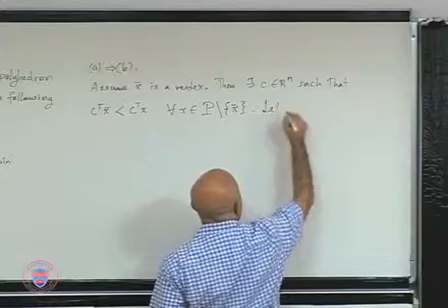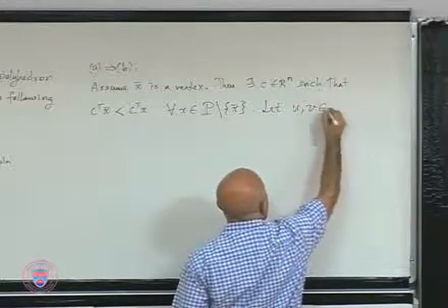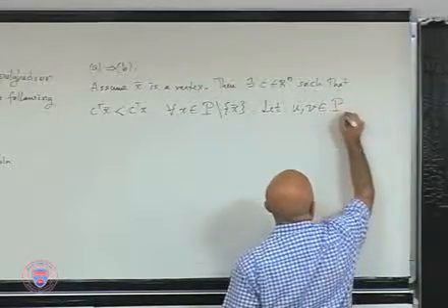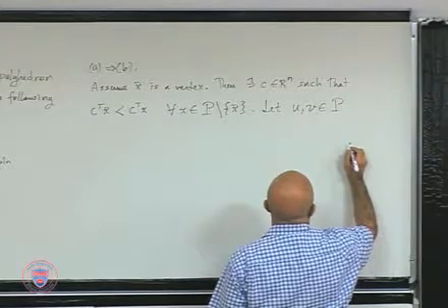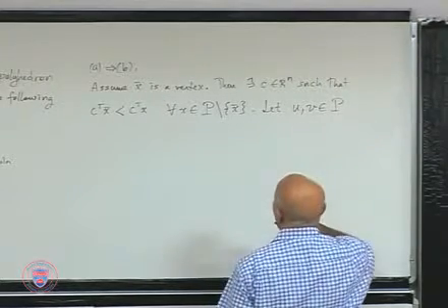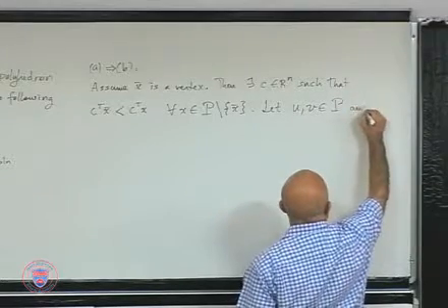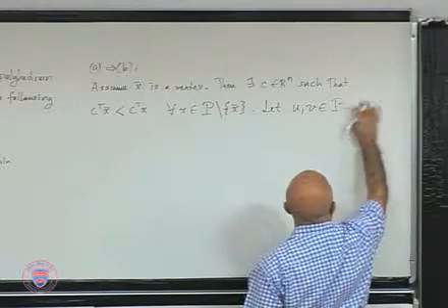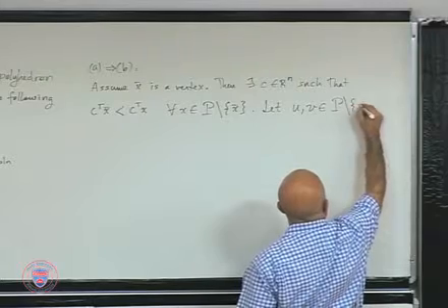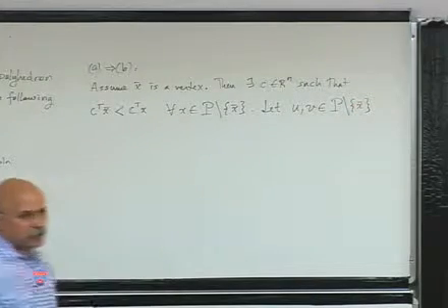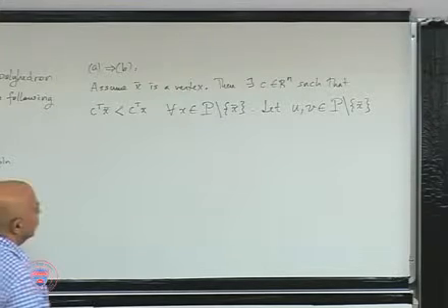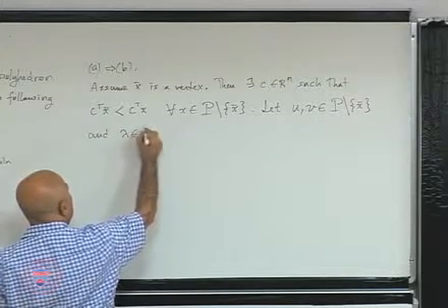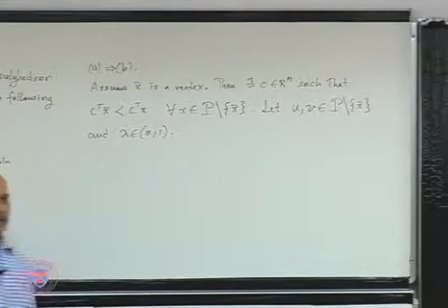So let u and v, now I'm going with the extreme point business, be points in P, and let's take them both in P minus x bar, different from x bar. And lambda be a number in the open interval 0 to 1.